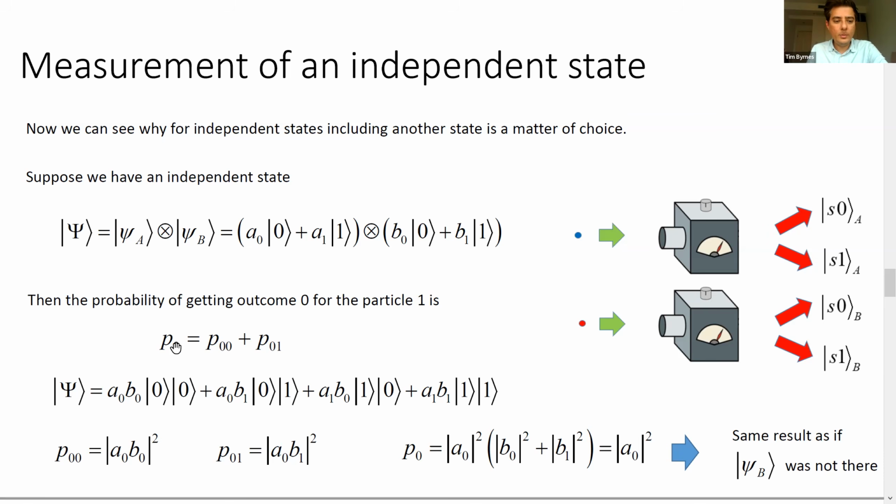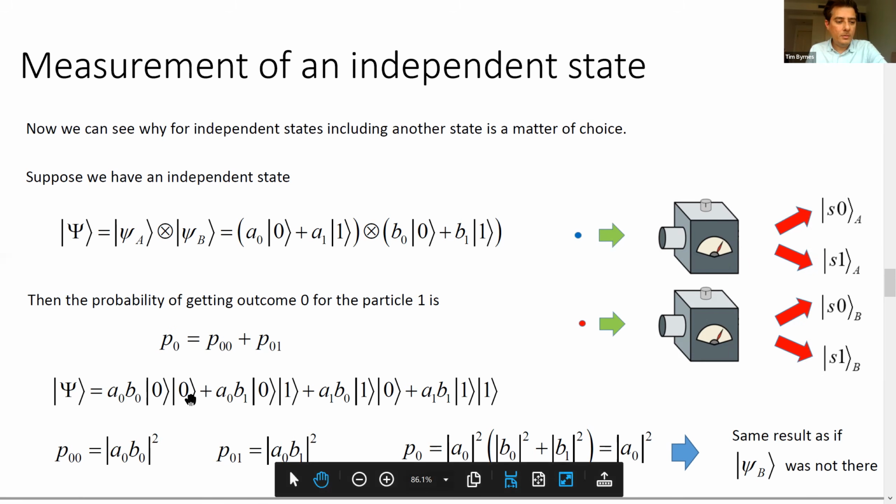So we worked out that the probability in this case, if we treat it as a composite system and then perform the measurement, we do get 4 measurement outcomes. But if we are only interested in the case of, say, Alice getting 0, then what we'd have to do is to add the probabilities for these 2 outcomes of Alice 0, then Bob 0, and Alice 0, and then Bob 1.